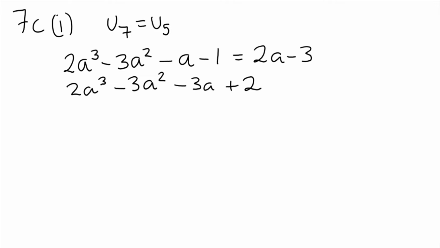So you subtract 2a from the negative a, and you'll get negative 3a, and then add 3 onto the negative 1, and you get plus 2. Now at this point you should notice that this was the question you started with in 7a. The only difference is there's the a's instead of the letter x. So you actually have already solved that polynomial.